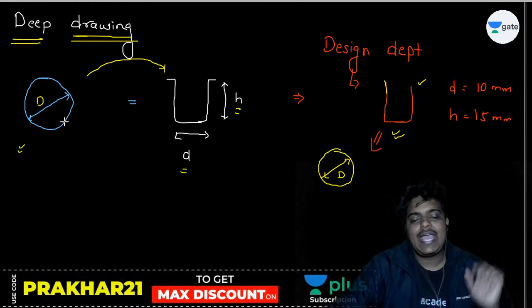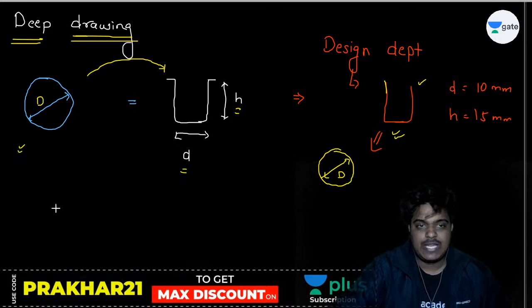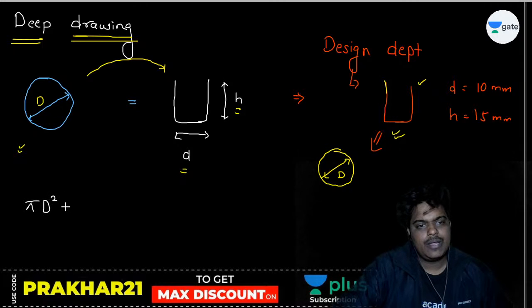Can you say the area of this blank is equal to the area of the cup? Yes, obviously yes. So in the cup, first remove these parts. This is your cup. Now, very important. Simple. Can you say pi D square by 4 is equal to pi d h, that is the curved surface area of the cup, plus pi d square by 4.